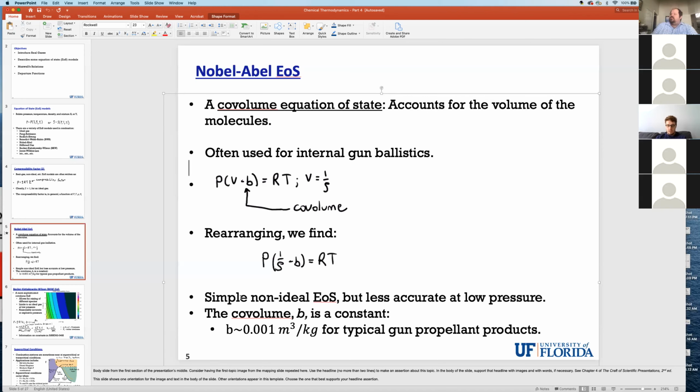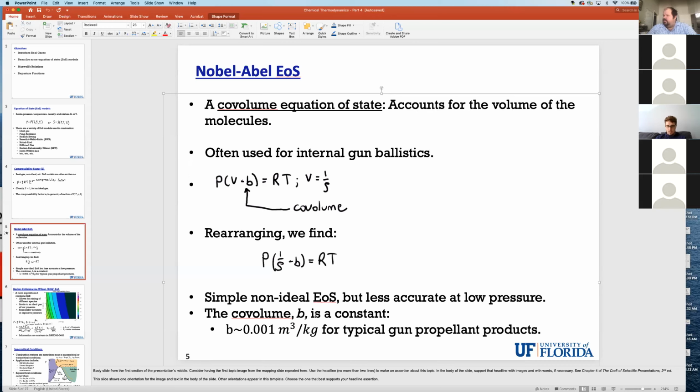Okay, and so this is a very simple non-ideal equation of state. It tends to be less accurate at low pressure than the ideal gas model, because this co-volume effect does not disappear. It should actually sort of disappear. And the co-volume is typically a constant, but you do need to look it up for your gas composition.